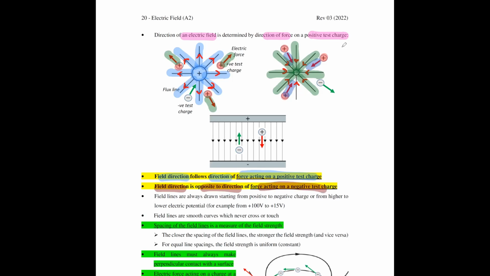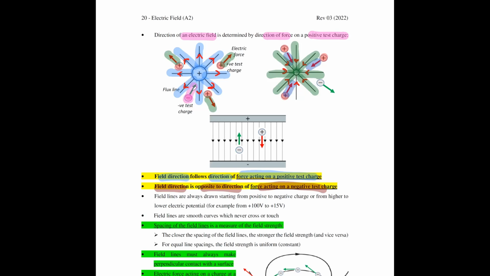So what do I mean by that? You look back at the diagram above. If say this time I have a negative test charge, like this is my negative test charge. If you consider the force acting on the negative test charge, the direction of your force should be attractive, so it will be directed inwards now.